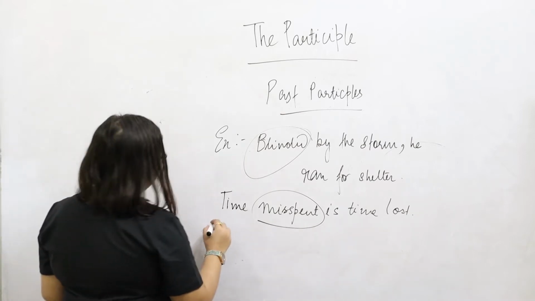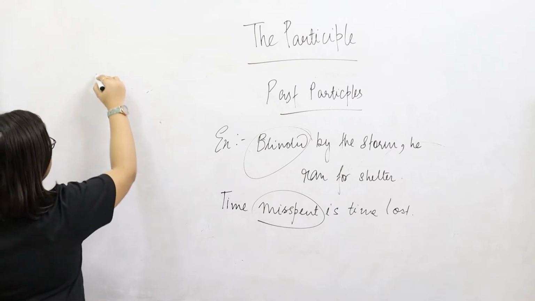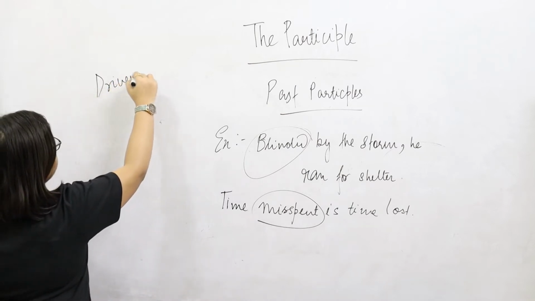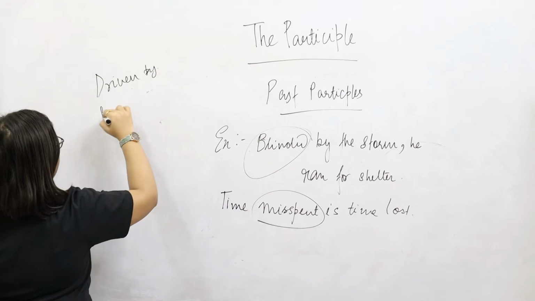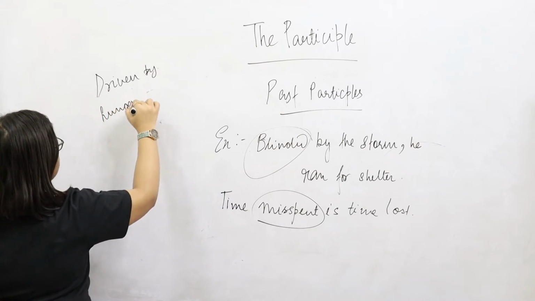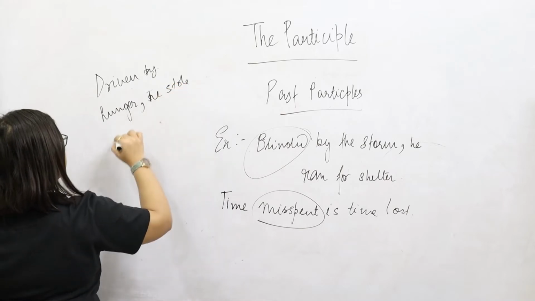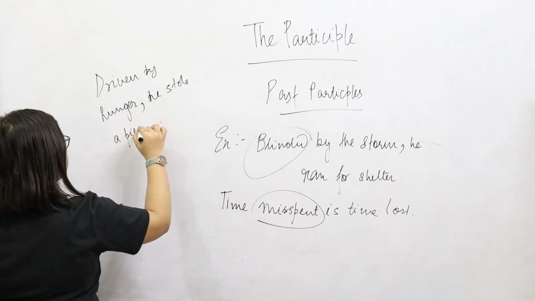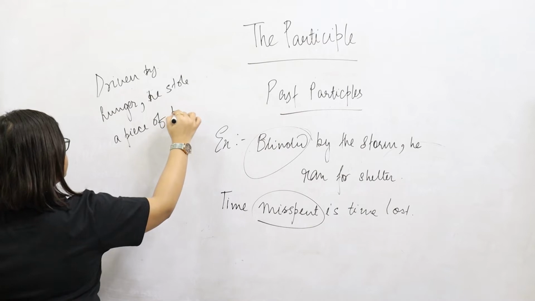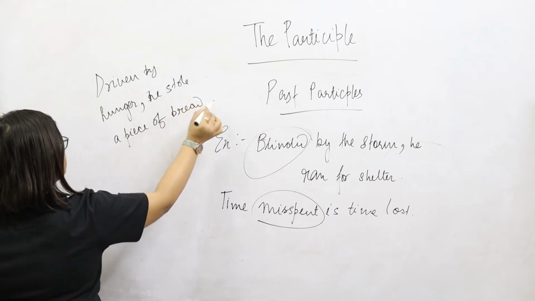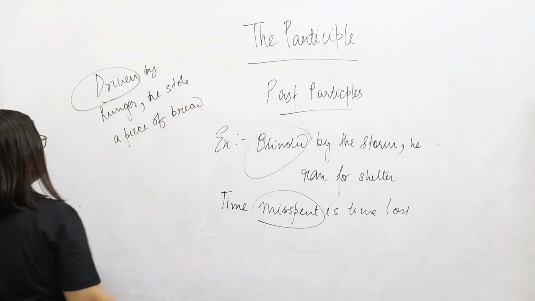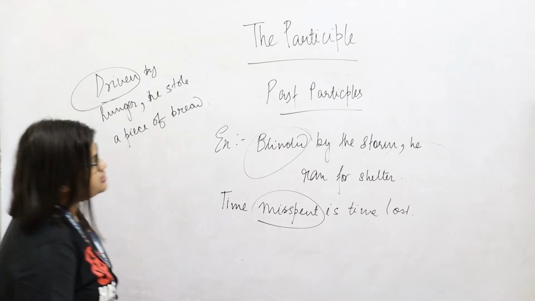We can take one more example which says, driven by hunger he stole a piece of bread. So this is our past participles.